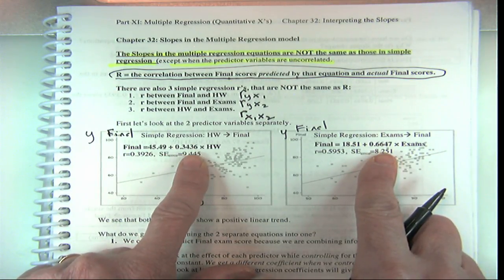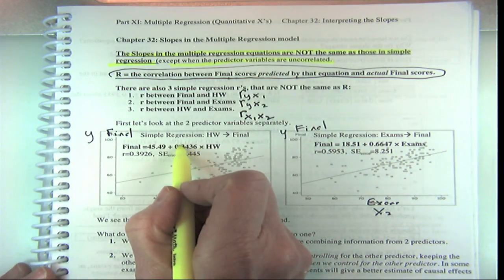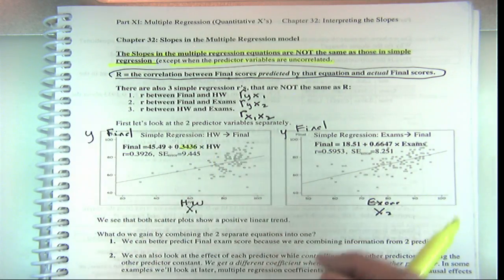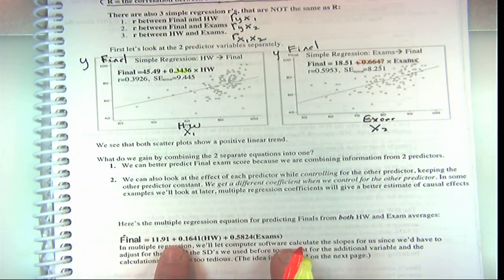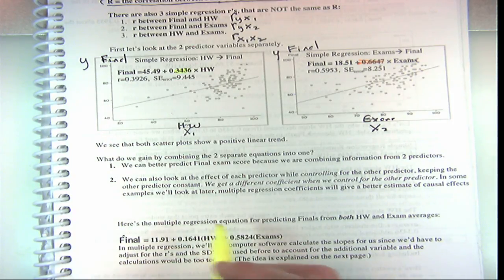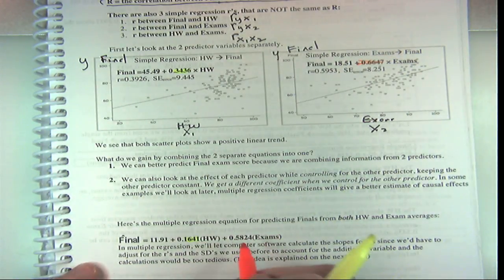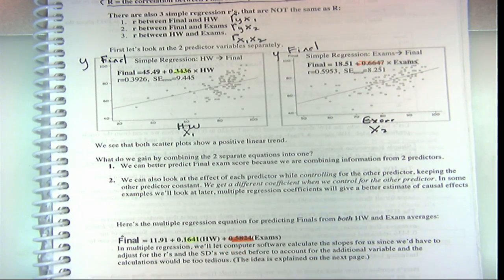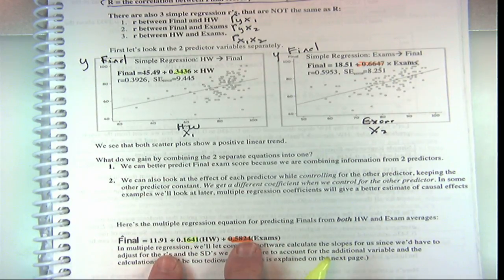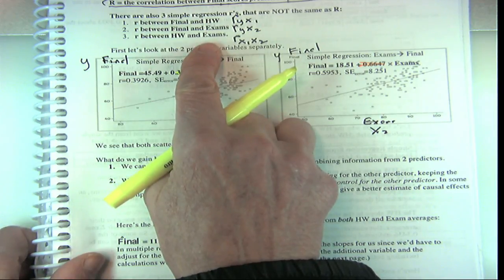And what I'm saying is that these slopes right here, for X1, and we'll say this is for the exam, are not the same as these down here in the multiple regression. See how it went down? The homework slope went down, and so did the exam slope. And they're always going to change if this correlation between homework and exams is non-zero.